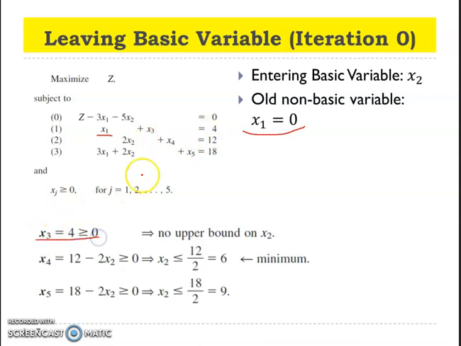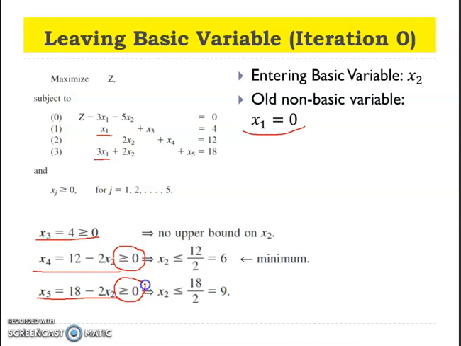Here also x1 equal to 0, so it will give you x5 equal to 18 minus 2x2, and here we will have x4 equal to 12 minus 2x2. Now these variables must satisfy the non-negativity constraint, so these variables must be greater than or equal to 0.